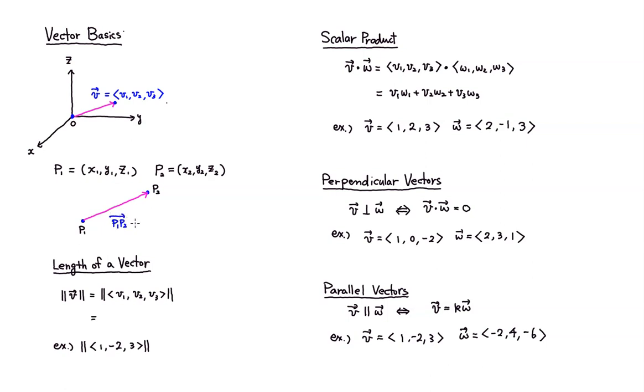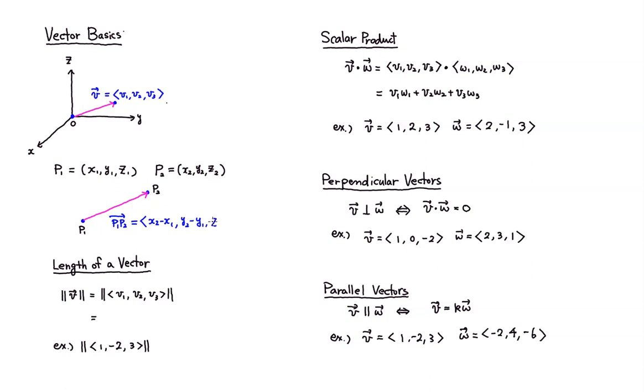The components can be found by just subtracting the coordinates. Going from p1 to p2, we do x2 minus x1, which gives you the x component, and y2 minus y1 gives the y component.